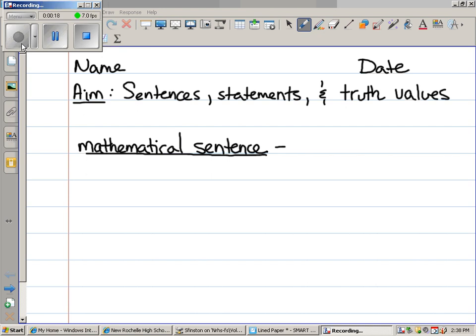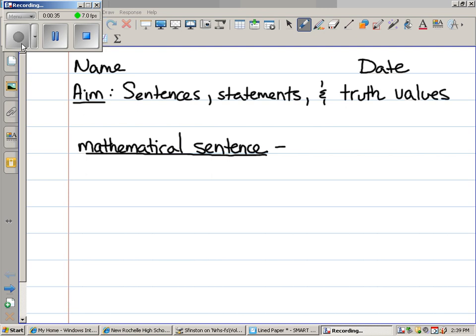And the first vocab word is a mathematical sentence. Does anybody know what a mathematical sentence is? How would you describe it? Go, shoot. Sure, 1 plus 1 equals 2. In fact, we're gonna give a more general description of a math sentence.